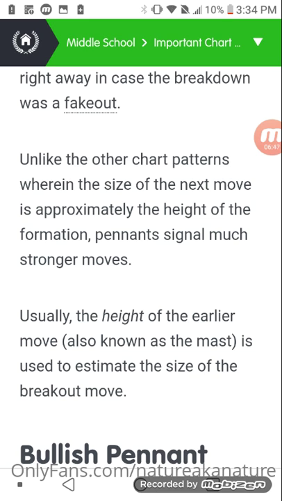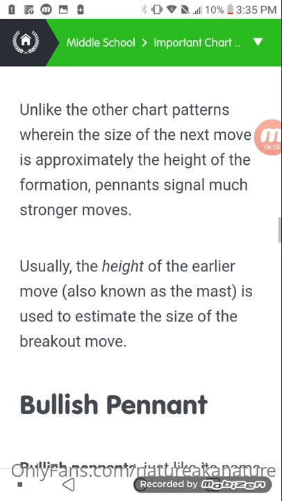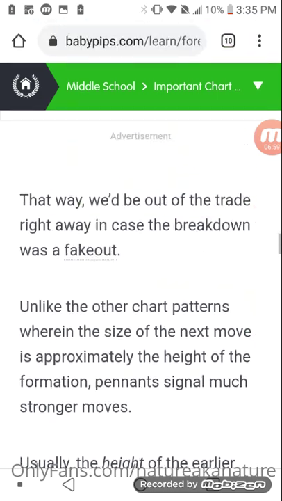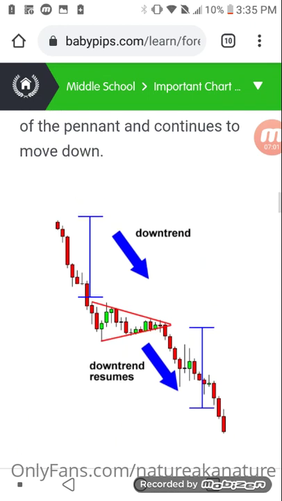Once price consolidates out of that pennant, it's going to move strong in either direction, and it usually is going to be the height of the earlier move, also known as the mass, which is used to estimate the size of the breakout move. As you can see right here, this is the mass. It's the blue line with the two lines across from it.